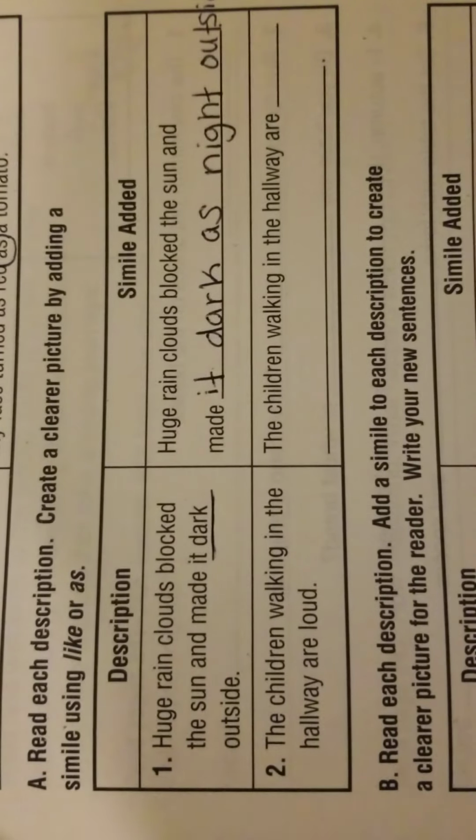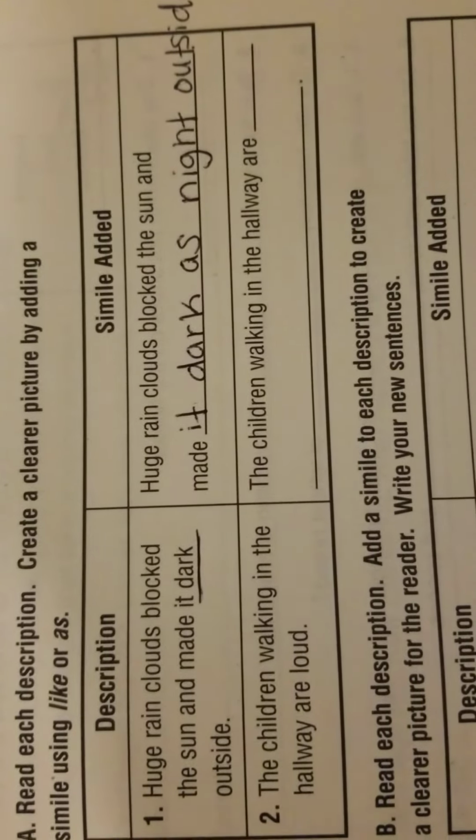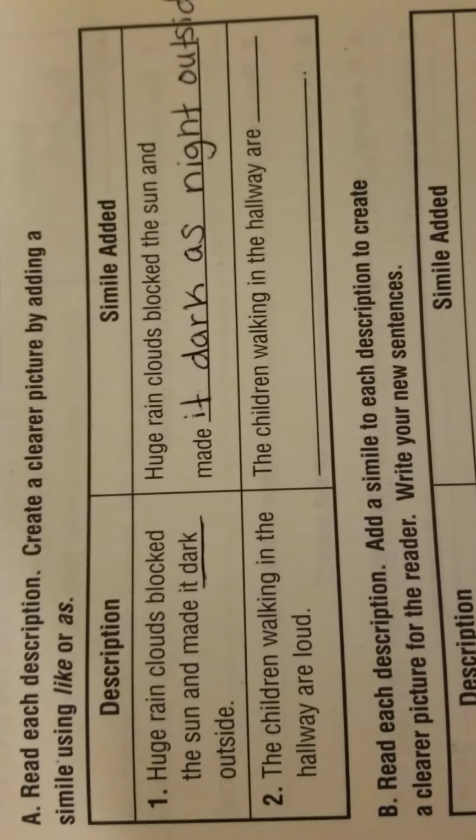Okay, number 2, the children walking in the hallway are loud. What is something that is loud? Think of something loud, and then we're going to write that over here. The children walking in the hallway are loud as a something that's loud. You can write something that you think of.